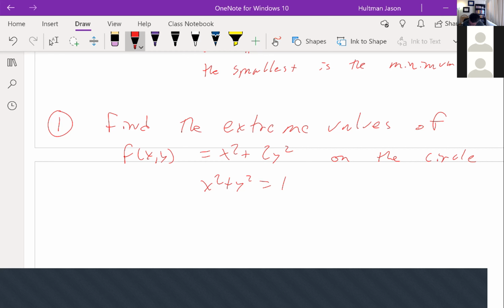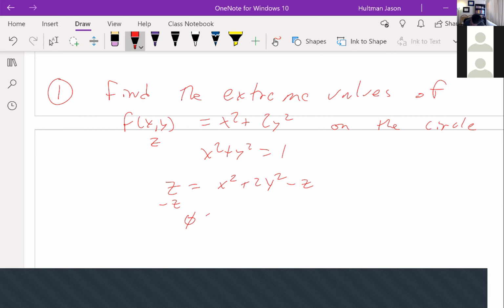Well, it's right here. But then you're like, but that's f of x, y. That's not f of x, y, z. Well, what if I did this? What if I said that this was z equals x squared plus 2y squared, and then I subtracted z from both sides, and I said 0 is equal to x squared plus 2y squared minus z.